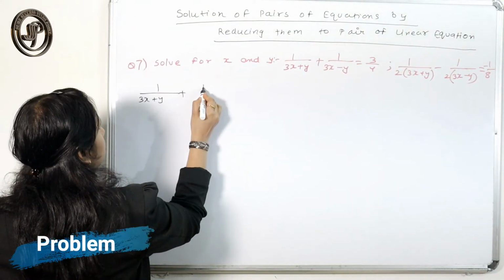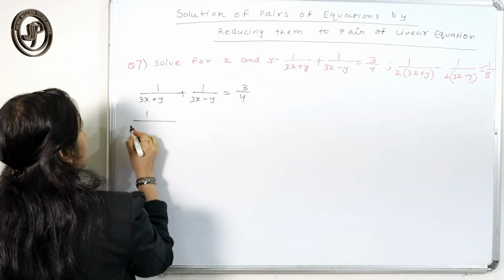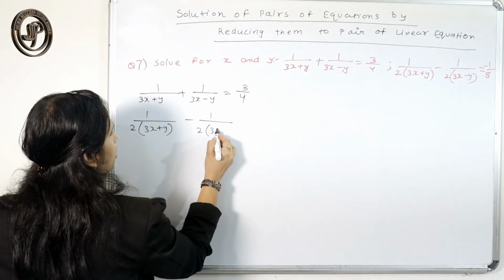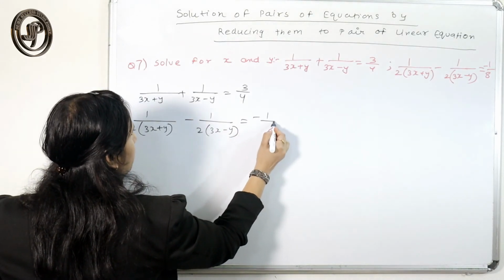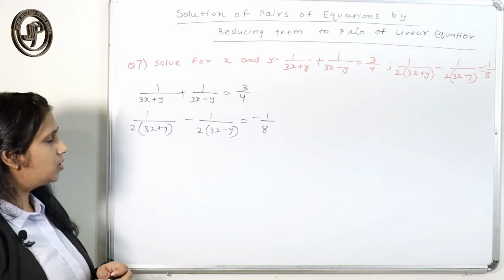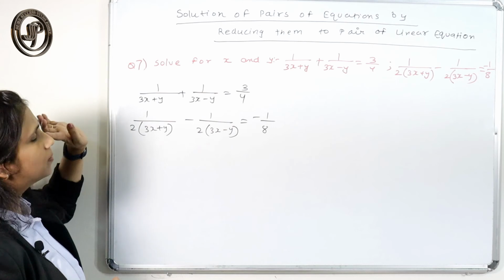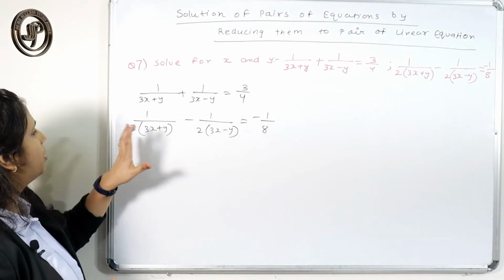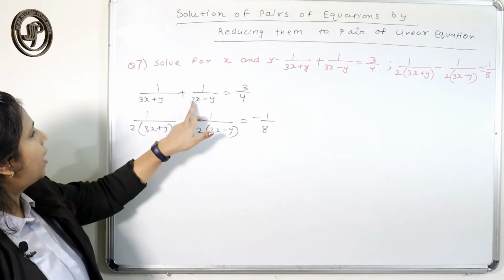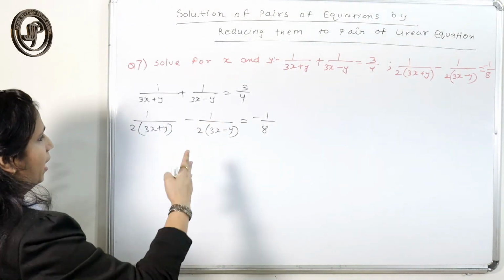So, in this question, 3x plus y to 3x minus y is equal to minus 1 upon 8. This is the question. Here if you see, there is some similarity: 1 upon 3x plus y is common in these two steps, and 1 upon 3x minus y is common in this part.